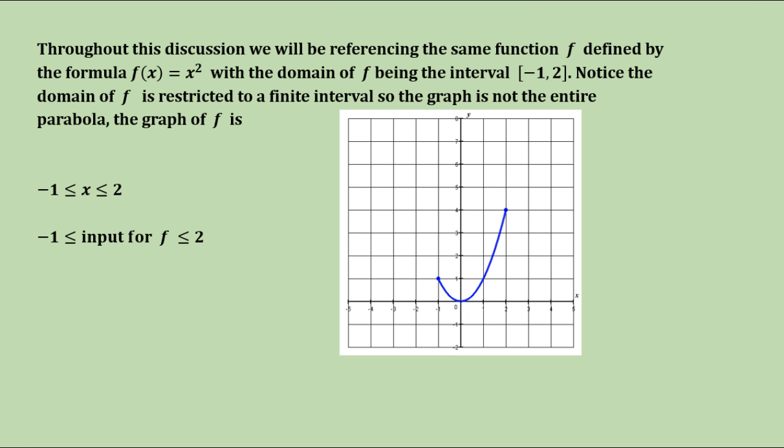So for instance, we cannot plug in -3, we cannot plug in 4 to this particular function. Again, that function x squared is being restricted to this domain. Not that we can't square 4 or square -3. It's just for the purposes of this discussion, it's going to be beneficial for us to look at that function restricted to a finite interval.